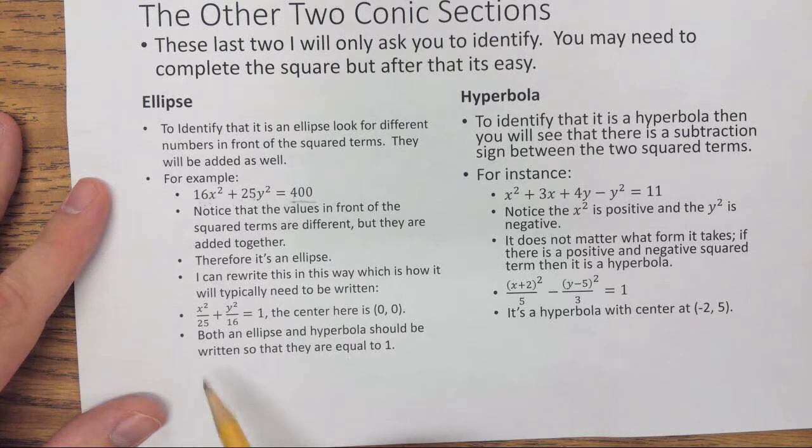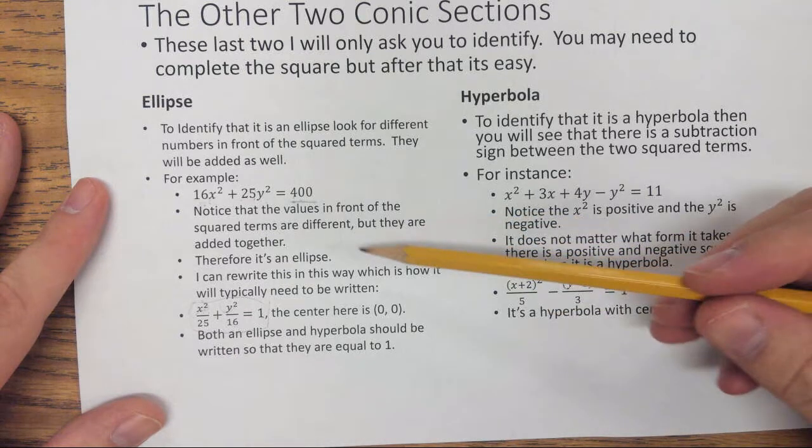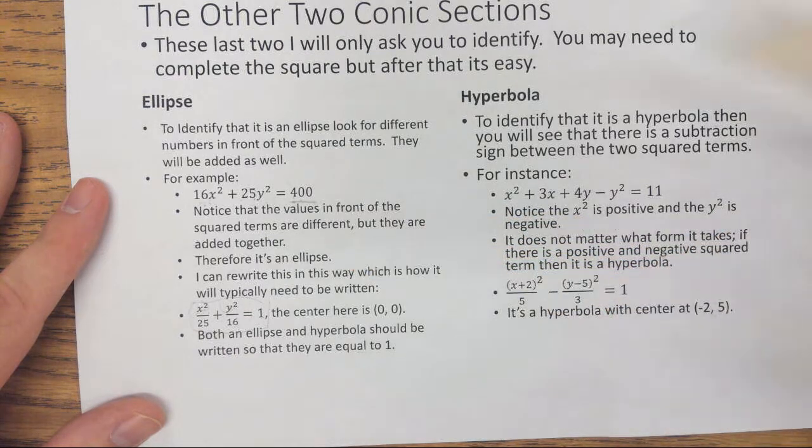So I get x squared over 25 plus y squared over 16 is equal to 1. This is the equation for an ellipse. The center here is 0, 0. It's going to be very similar to the circle, where the center comes from the squared terms. I'm primarily concerned, like I said, with you being able to identify that it's an ellipse.